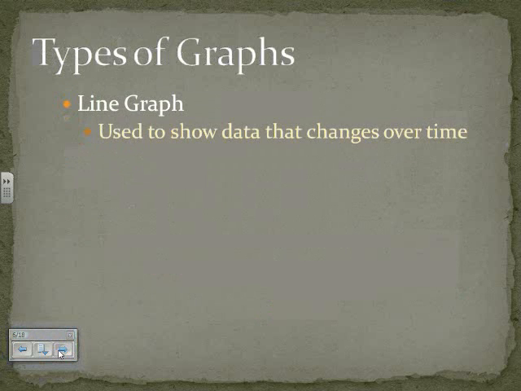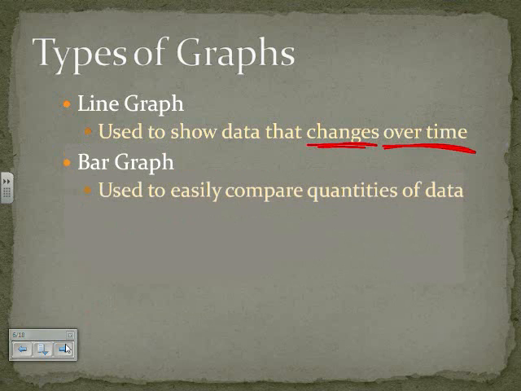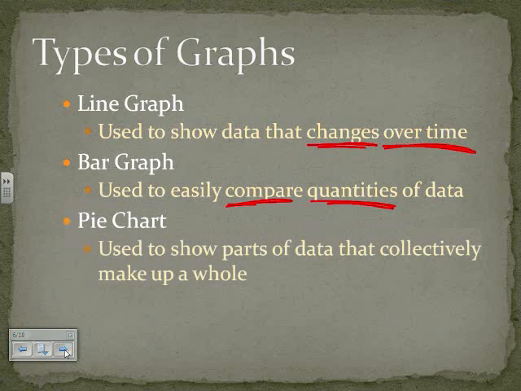So our types of graphs, we've got line graphs. And it's important for us to recognize that a line graph deals with changes over time. All right? A bar graph is usually for comparing quantities, how much of something or how many of something there are. And then a pie graph is used to show parts of a whole. All right? So what that really is referring to is a line graph is when we're talking about time.